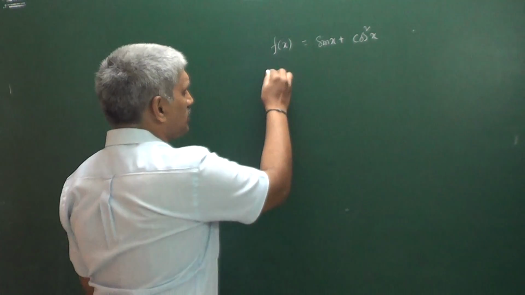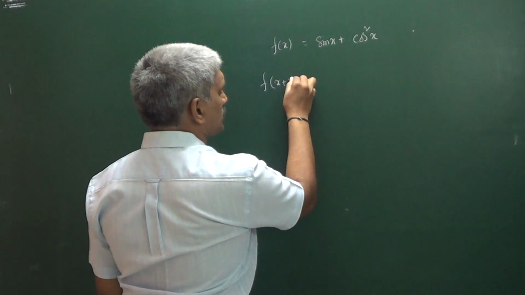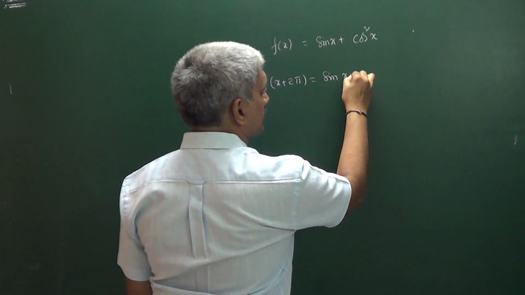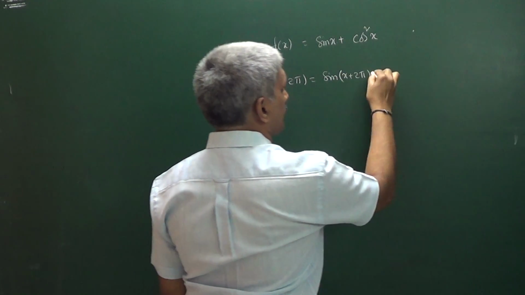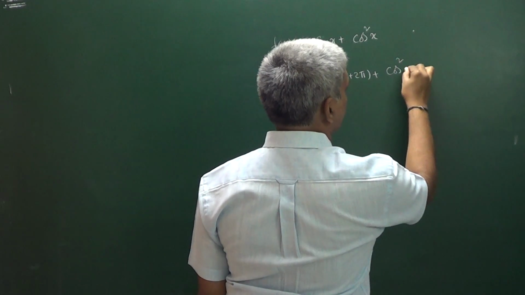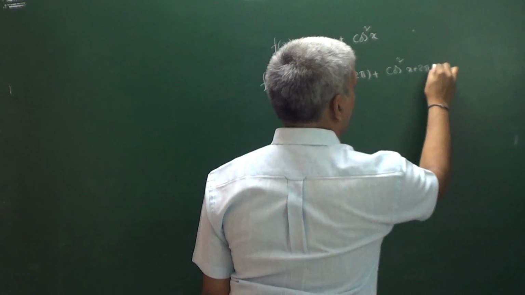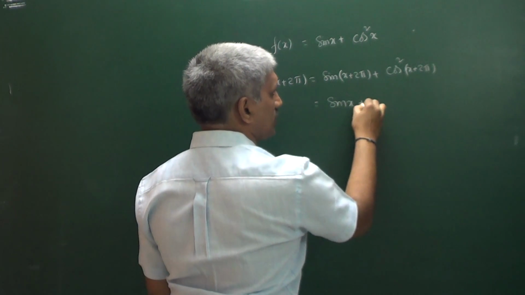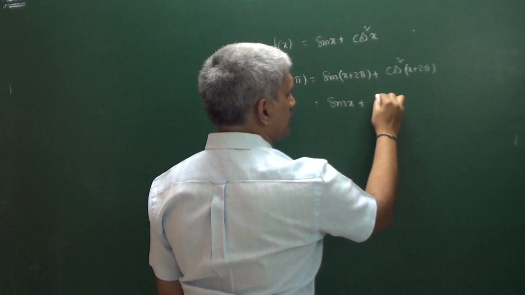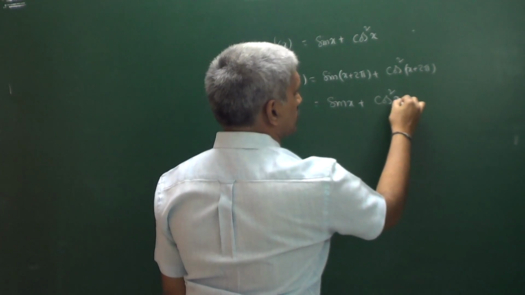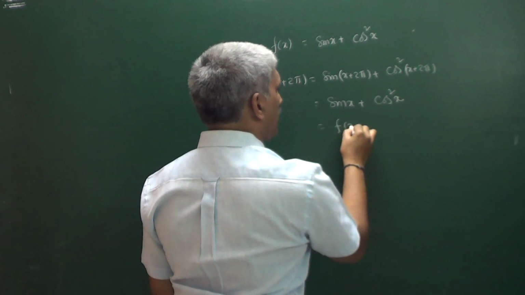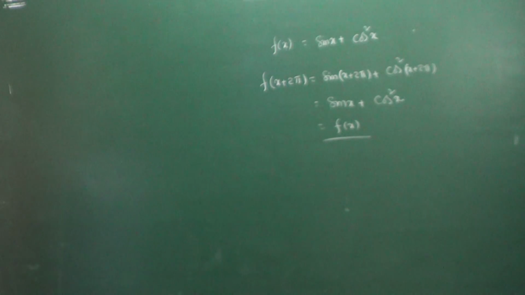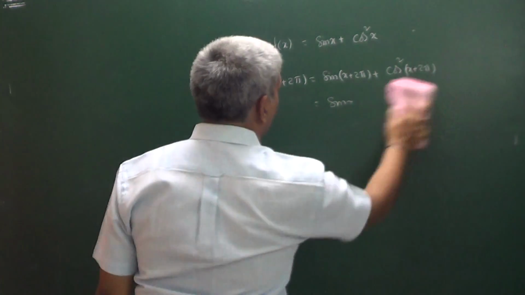The reason is, you can check f of x plus 2 pi, which is sin of x plus 2 pi plus cos square of x plus 2 pi. Now sin of 360 plus theta is sin theta, and cos of 360 plus theta is cos theta, so we get f of x only. That's why it is a periodic function with period 2 pi.